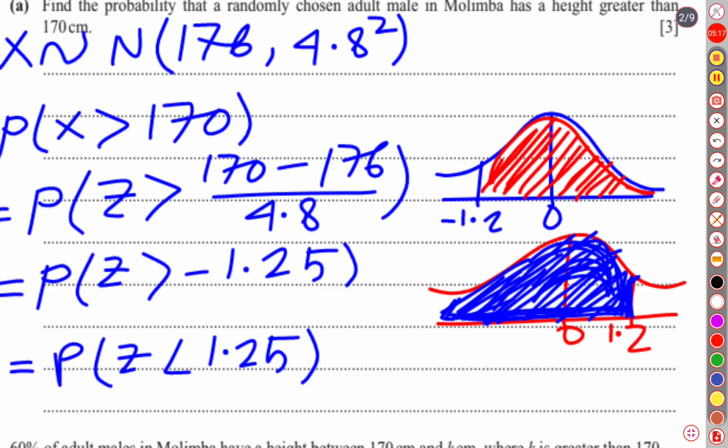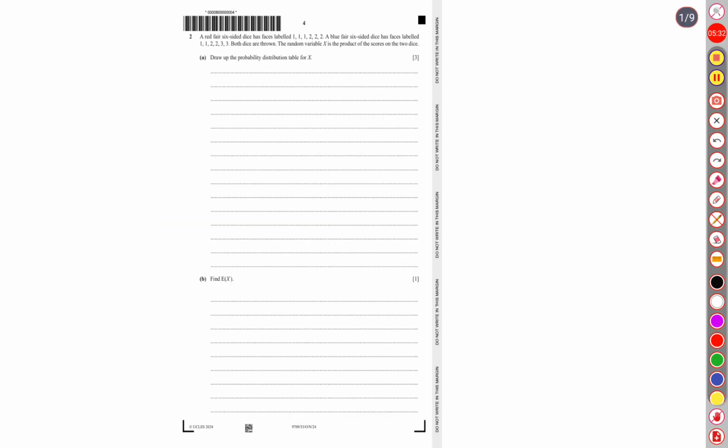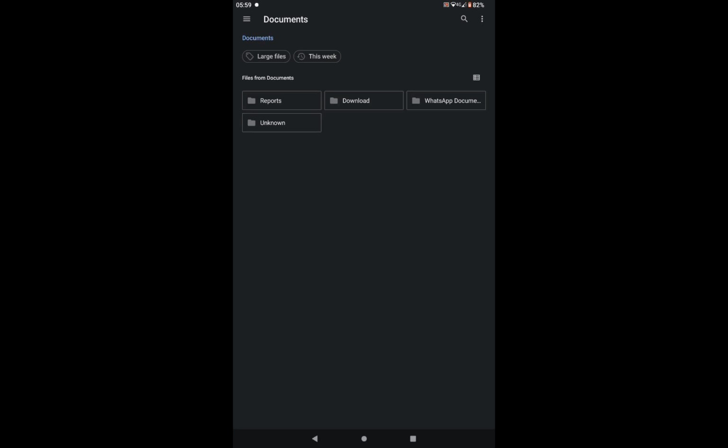So our z-score is 1.25. Let us find the probability for this corresponding z-score.